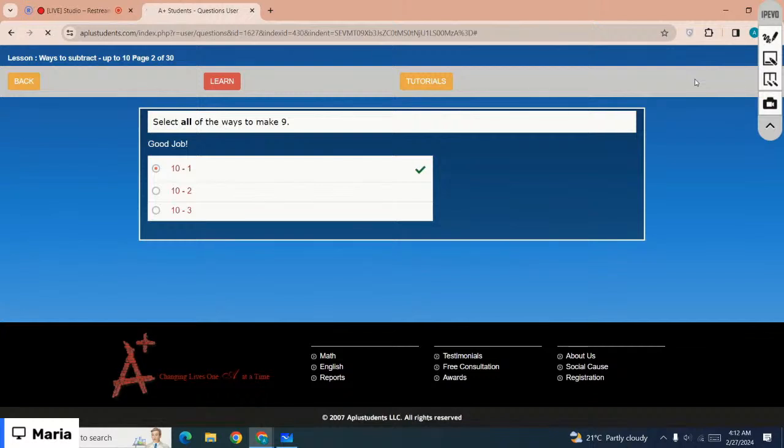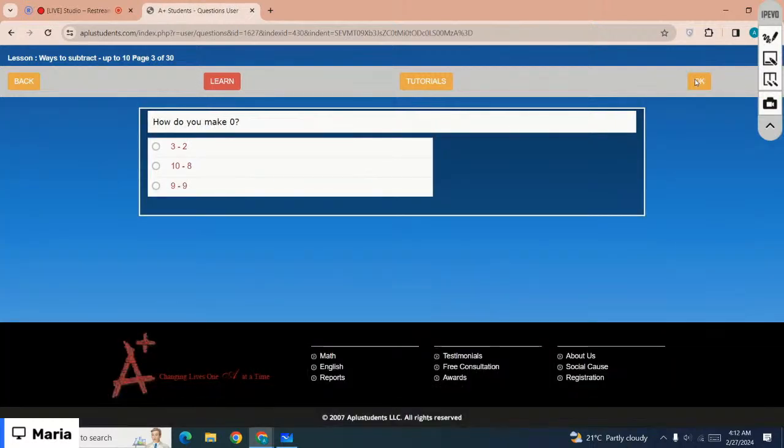Okay, the next one is how do you make 0, which is the correct option?